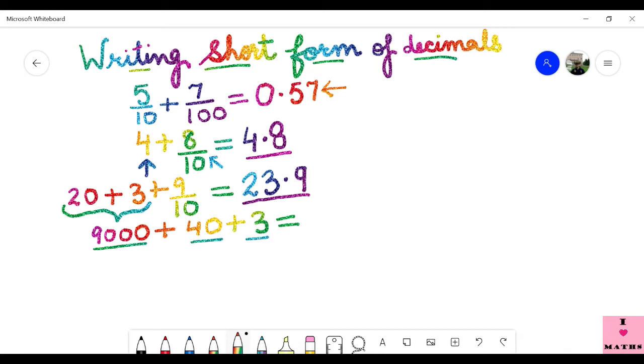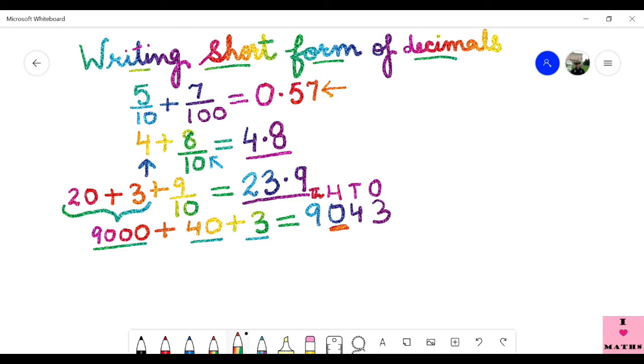In this case, the short form would be 9,043. So we have 3 at ones place, 4 at tens place, and 0 at hundreds place, and 9 at thousands place. Since there was no 100, we put a 0 at hundreds place.